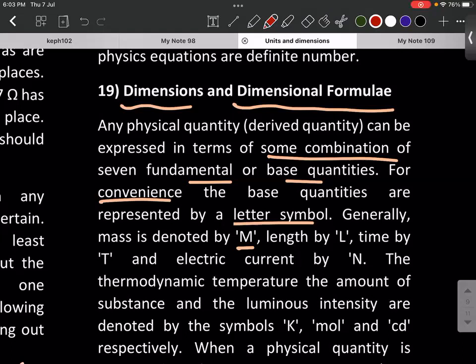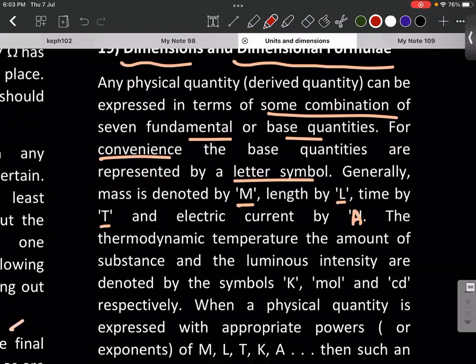Similarly, time is represented by capital T, not to be confused with temperature. Electric current is represented by the symbol capital A. Then the thermodynamic temperature, the amount of substance and luminous intensity are represented by the symbols K, mole and cd. Generally, we don't use them much.